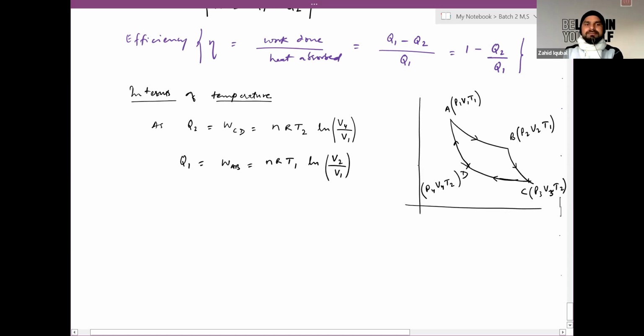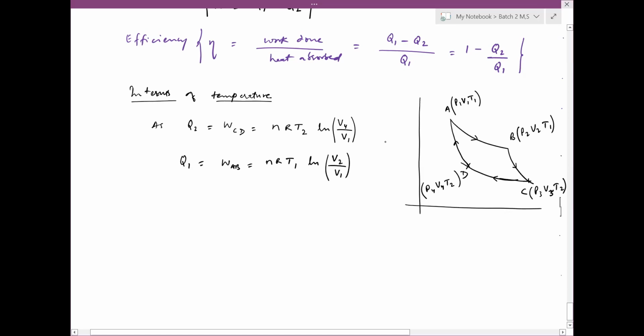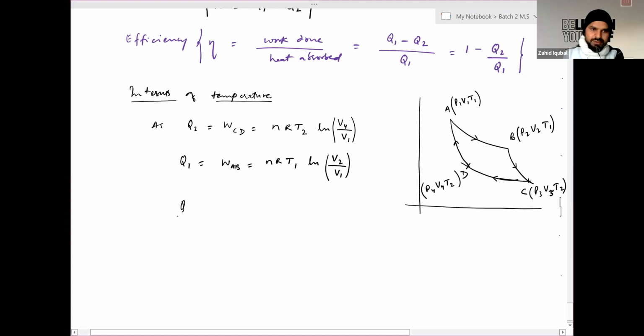Is it clear? Yes, sir. So on dividing, we can write Q2 divided by Q1 equals nR cancels out, so T2 divided by T1 multiplied by ln V4 divided by V1, whole divided by ln V2 divided by V1.